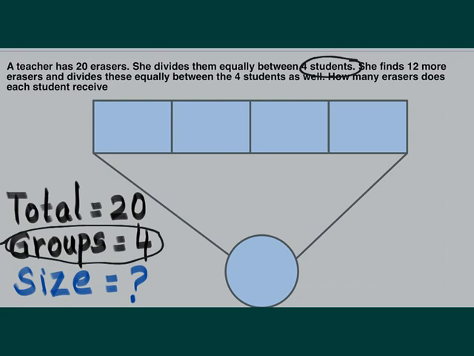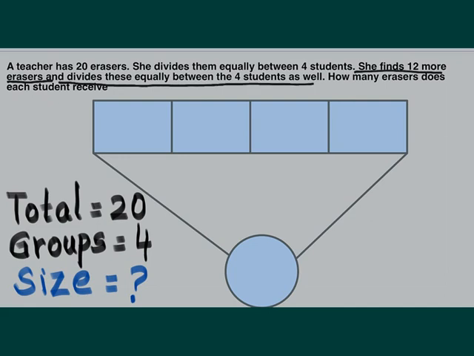Then she finds 12 more erasers and divides these equally between the 4 students as well. After some time, she gets 12 more erasers, and she is again giving those 12 erasers to the same 4 students.